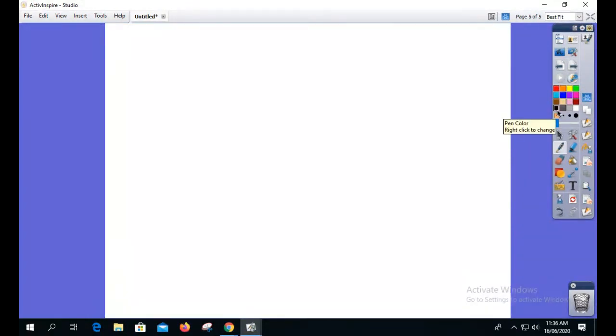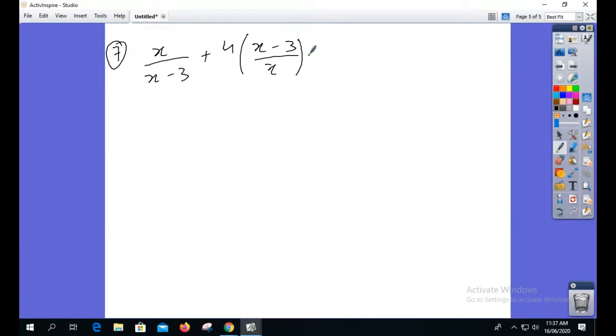Here we have question number 7. What is question number 7? x by x minus 3 plus 4 into x minus 3 by x equals to 4. What do we replace?